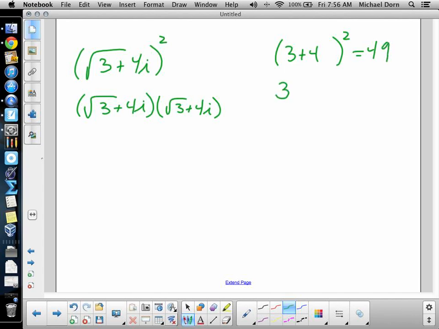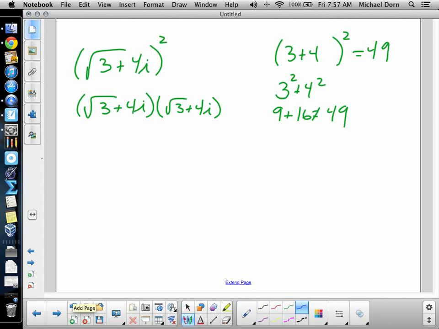That is not the same thing as 3 squared plus 4 squared, because that would be 9 plus 16. I cannot just distribute the exponent over a sum or difference. Yet I still see some people trying to do that. That's an algebra mistake that needs to disappear.